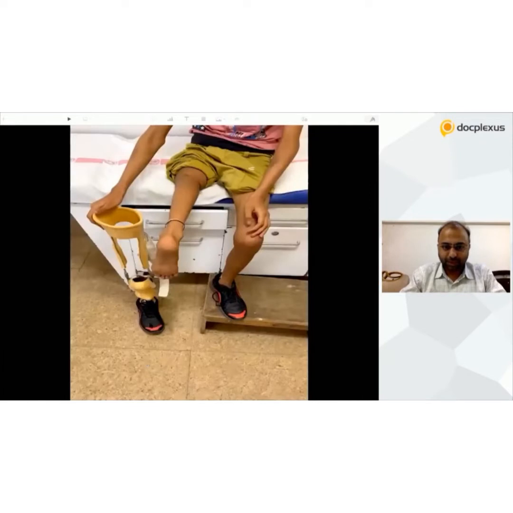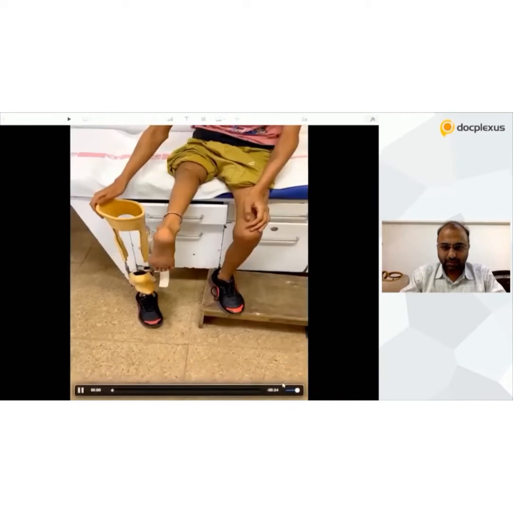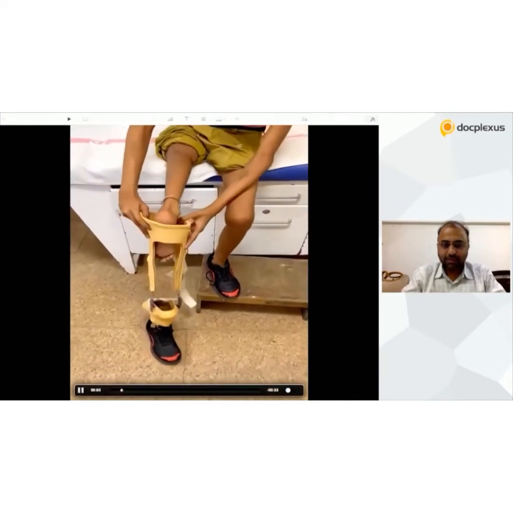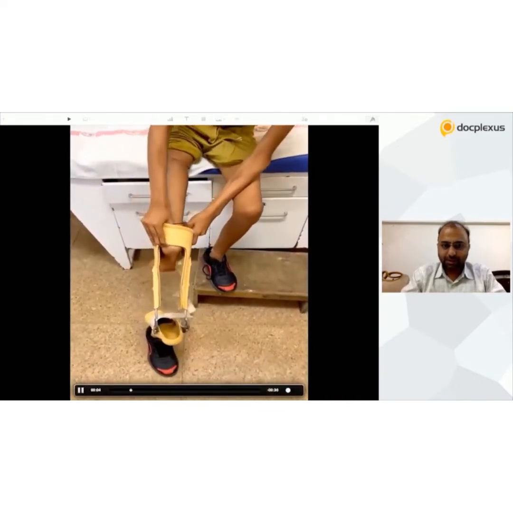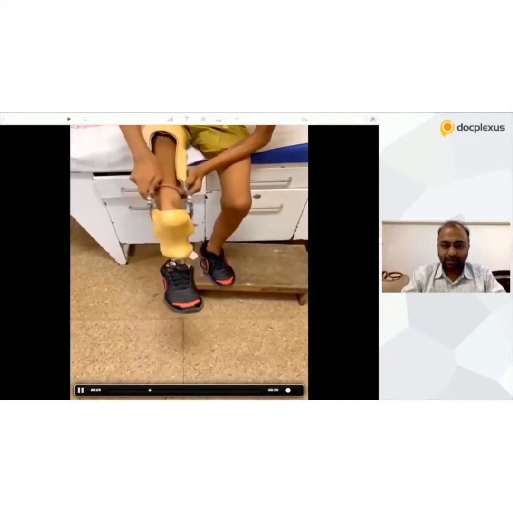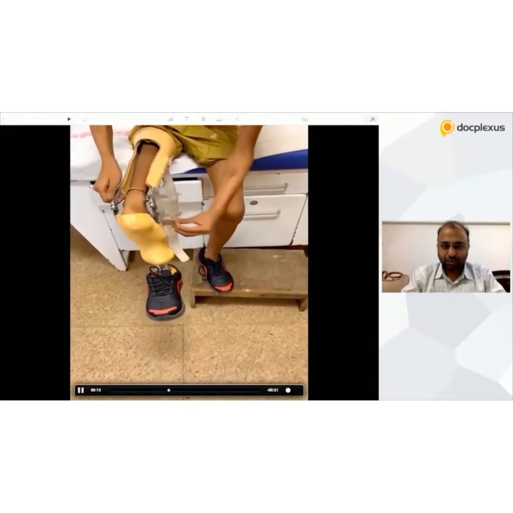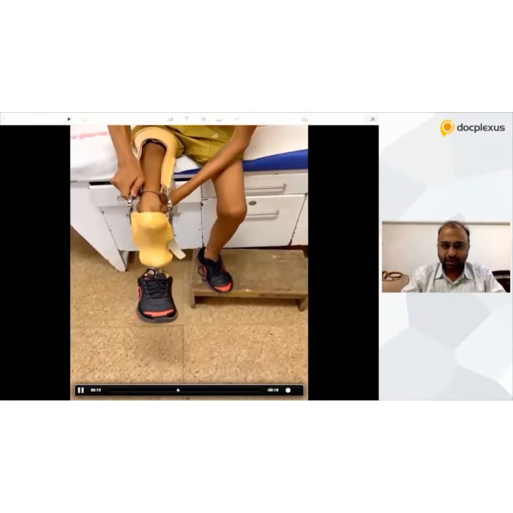This is how the patient uses his prosthesis. This is how he is applying his prosthesis. This patient always requires a prosthesis, and it gives excellent function, and the patient walks very well. He's attaching his prosthesis independently.